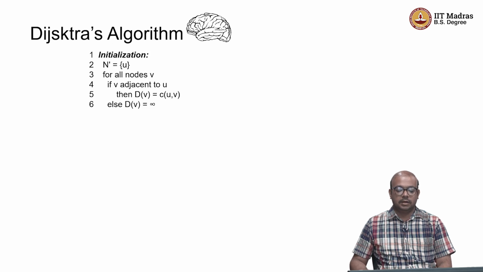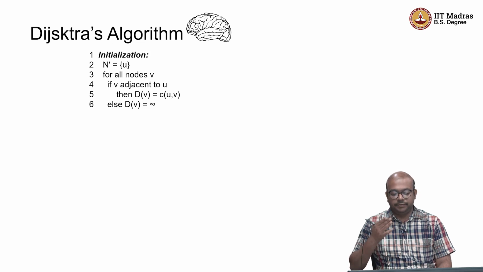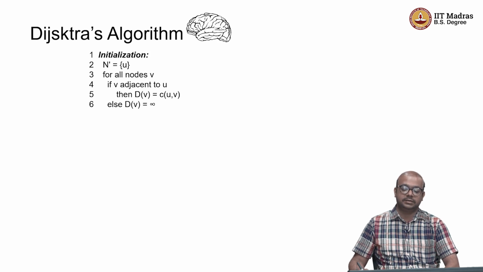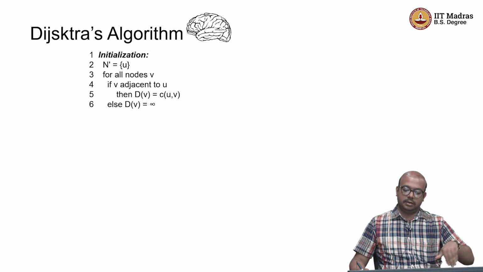After that, please take a note, for all nodes v, if v is adjacent to u, which basically means that I am going to consider the first of neighbors of u, right, and we update this: D(v) is equal to c(u,v). Okay. What is D(v)?